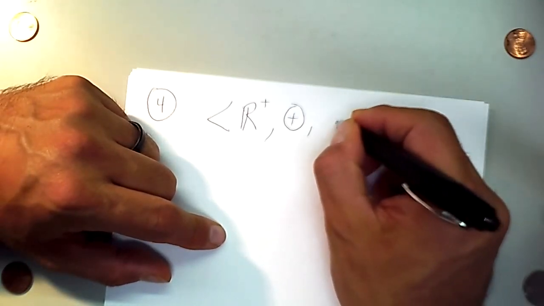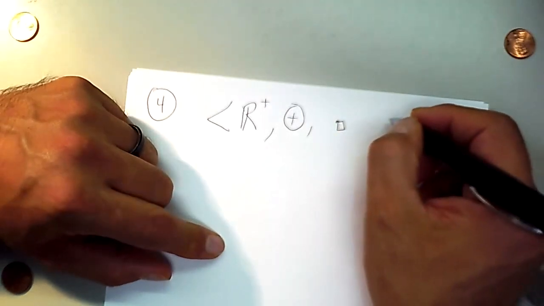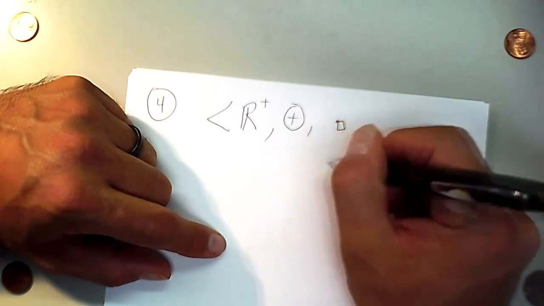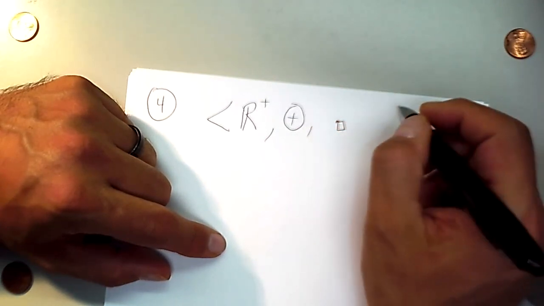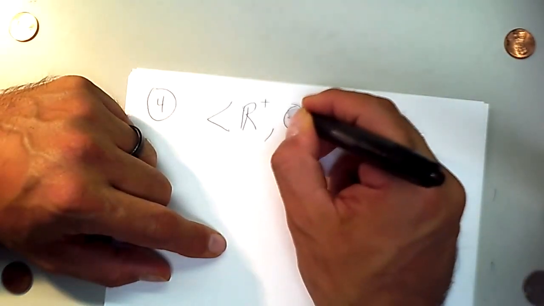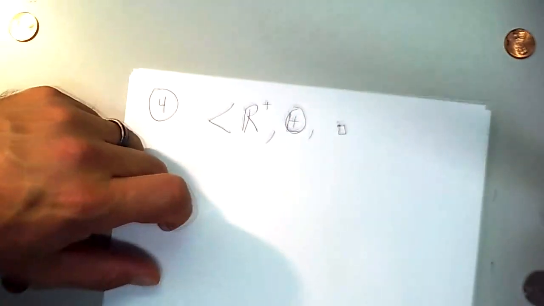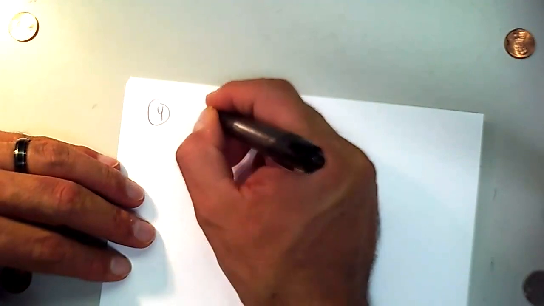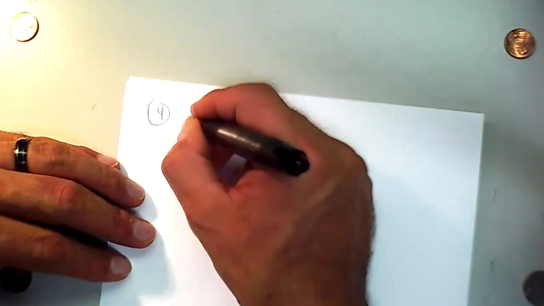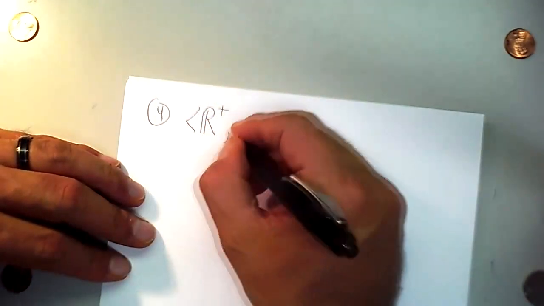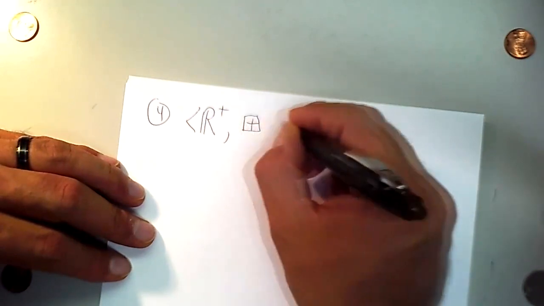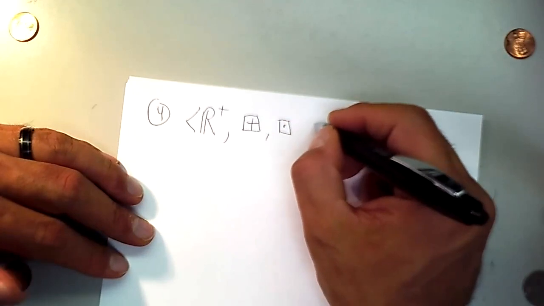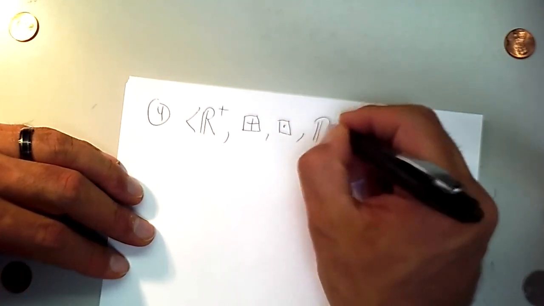So let me start all over again. So example 4, all the positive numbers, so not 0, a new addition and a new multiplication by scalar, and the scalars are going to be R.